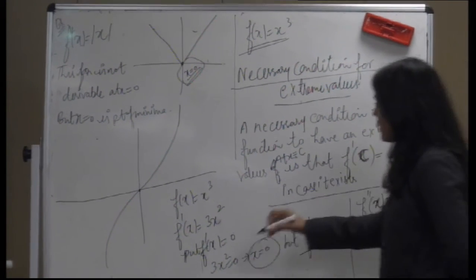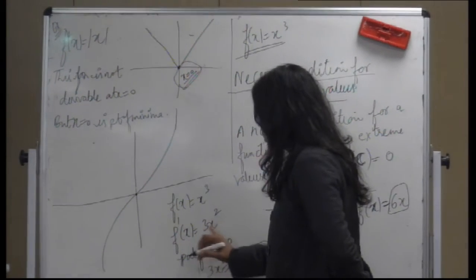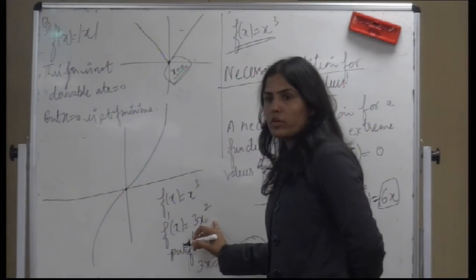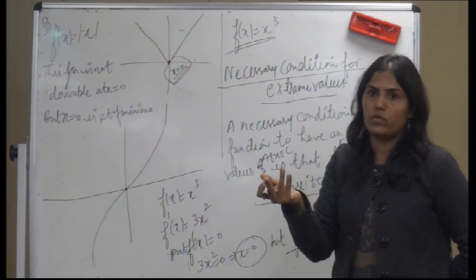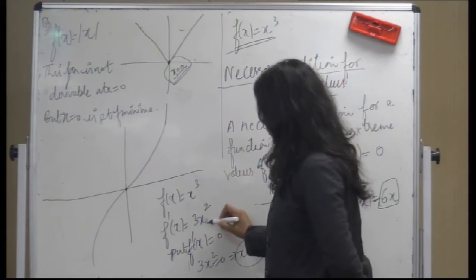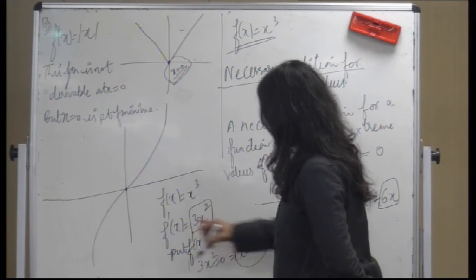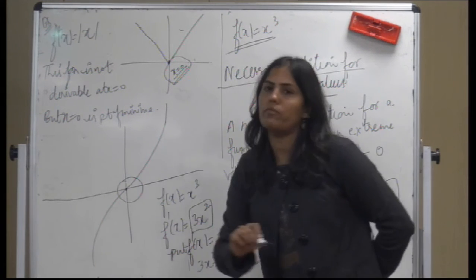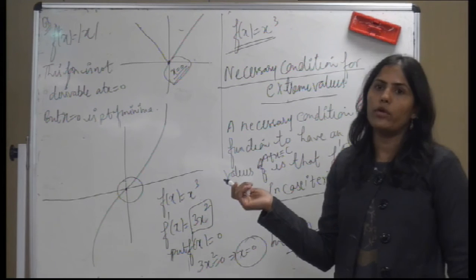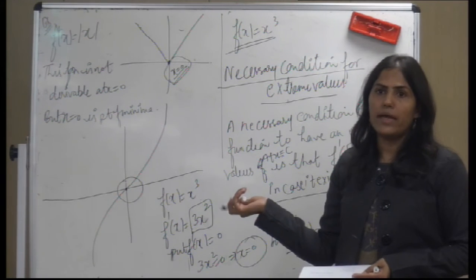Now if you apply the second derivative method, 6x will give you what? I think the first derivative you can also apply. This is always positive. It is not like a negative-positive condition, it will never give you that. But at x equal to 0, the derivative is 0. But you can see this point is neither a point of maxima nor a point of minima. But the derivative is 0.